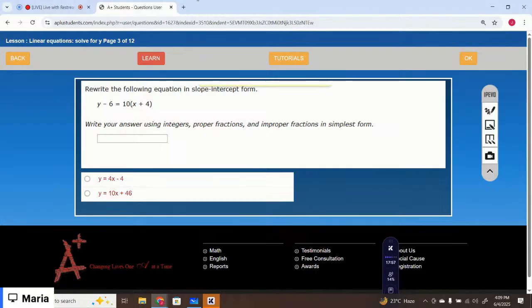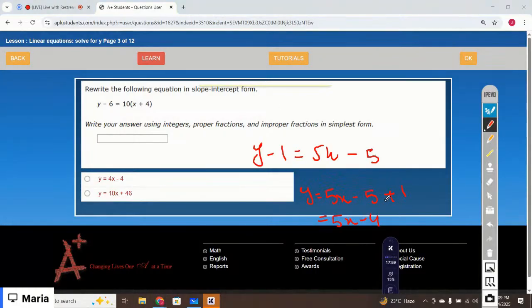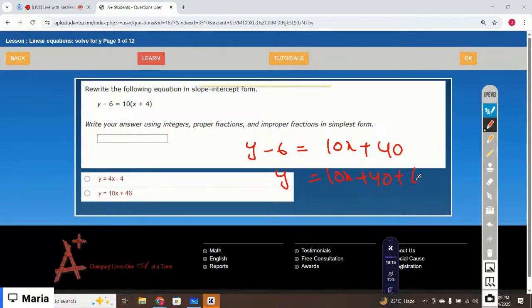y minus 6 equals 10 times x plus 4. That is y minus 6 equals 10x plus 40. We need to add 6 to the other side. 10x plus 40 plus 6.